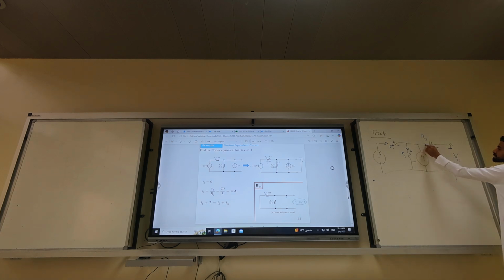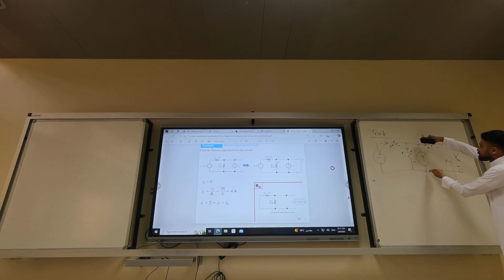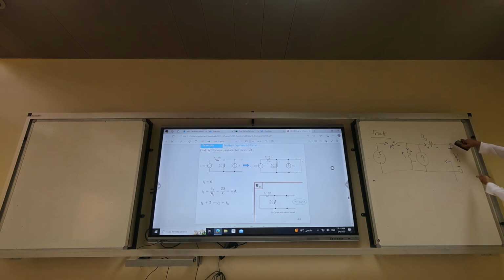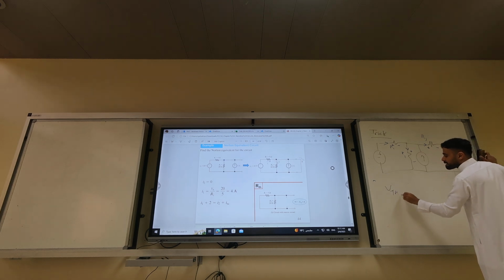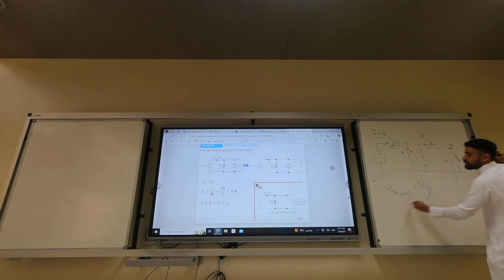What is this current, guys? It's 0. So the voltage drop here is 0. It's a hanging cable. So if I measure the voltage here, it's the same as here because this is an open circuit. So V Thevenin for the trick equals V Thevenin on the board.